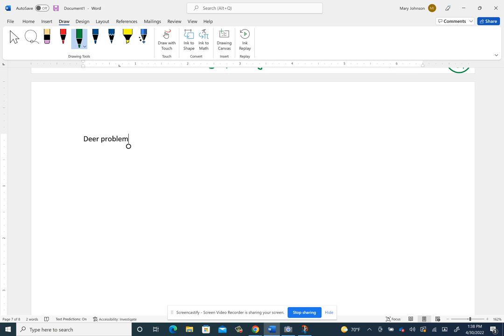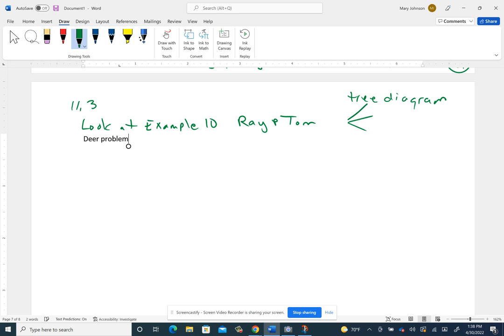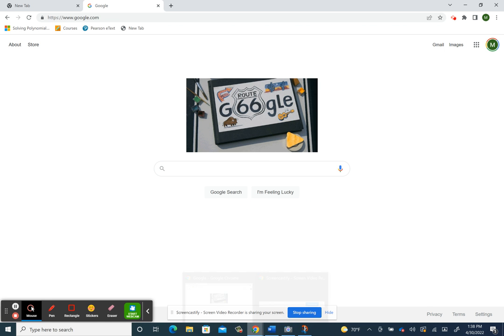So look at example 10 in the text with Ray and Tom, and look at the part of the solution that had the tree diagram in it. That would be another example besides the deer problem I'm about to do. Okay. And that would be from section 11.3.